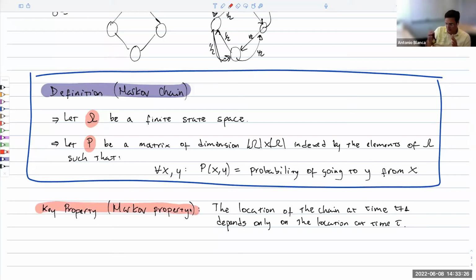More generally, for those of you who are a bit more advanced with probability, if you have a sequence of random variables where the state of X_{t+1} depends only on X_t, then this sequence of random variables is called a Markov chain too. But for us, let's think of this concrete definition: a finite state space and a matrix that gives us the transition probabilities. Any questions?